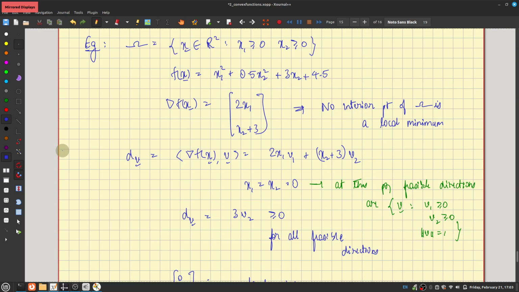Yeah, it is a minimum. The minima may not be unique. That is fine, we're not particularly worried whether the minimum is unique or not.